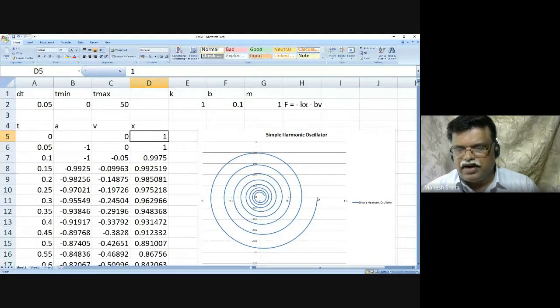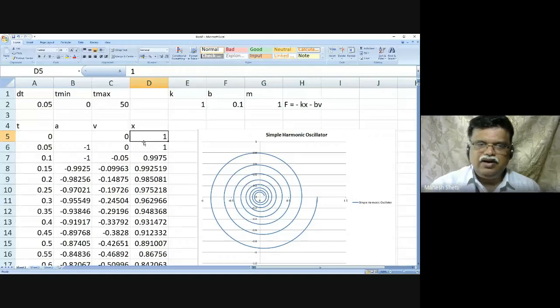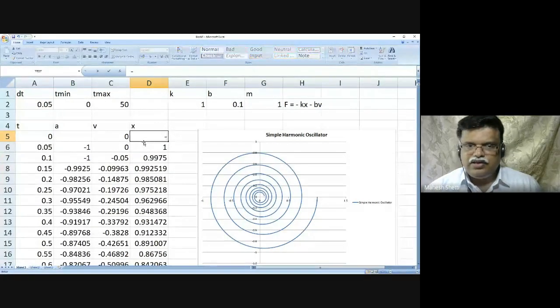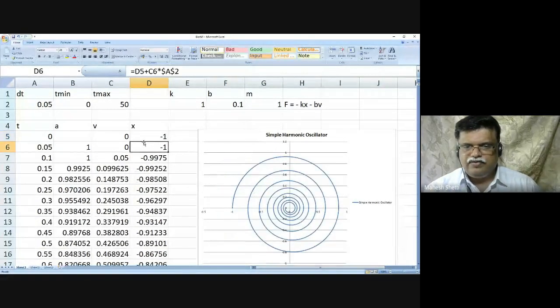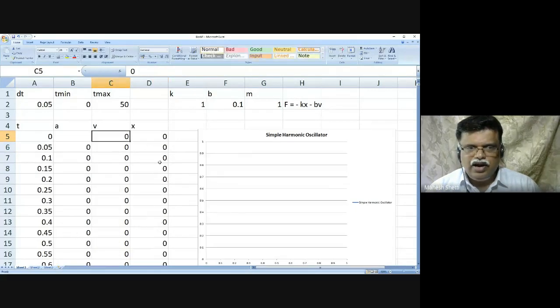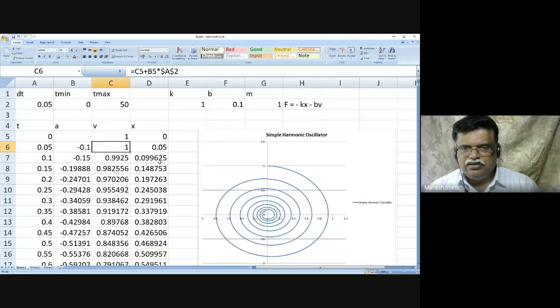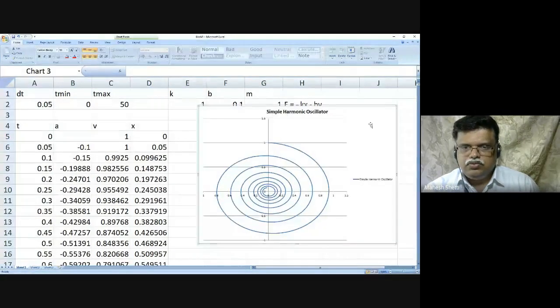So I know this is the starting point because this is my X axis, this is my velocity axis. If I had started X with -1, you can see how it changes. It started from here at this point, and it is going in this direction. I may start x0 and velocity with some 1. So you see now it has started with velocity 1. That way one can guess from where it is starting.